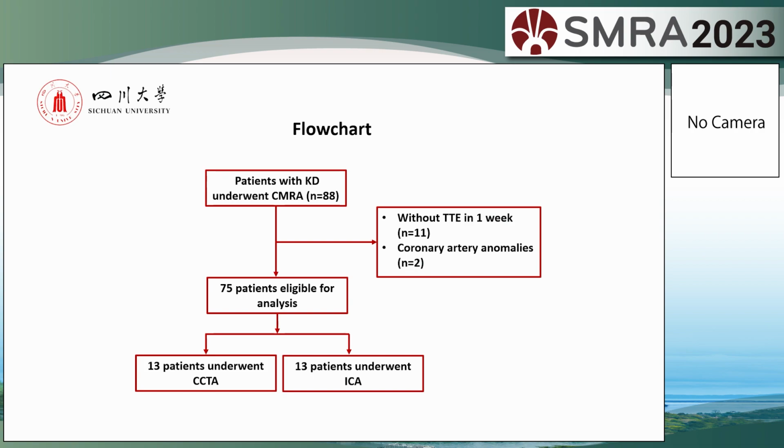Finally, 75 children diagnosed with KD in our hospital were enrolled. All the patients underwent CMRA and echocardiography in 1 week, 13 of whom underwent coronary CT angiography and 13 of whom underwent invasive coronary angiography within 2 weeks.